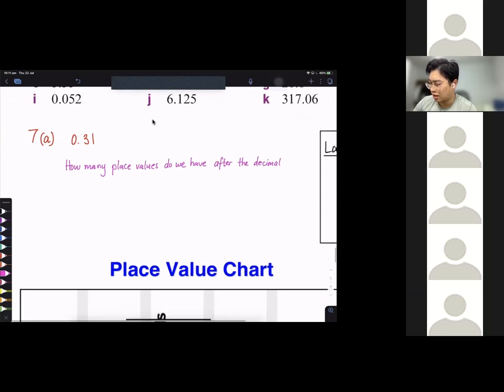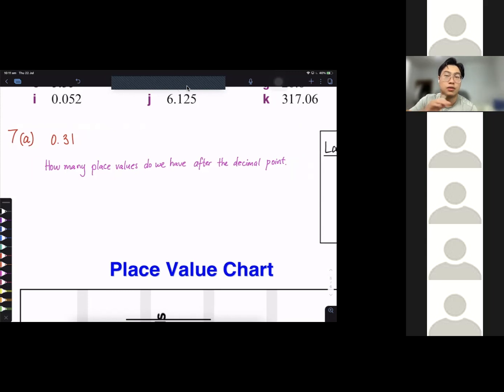How many place values do we have after the decimal point? 2, that's correct. So we have 2 place values after the decimal point. So you can see we've got 1 number and 2 numbers. This here represents the number of zeros that we want to have.